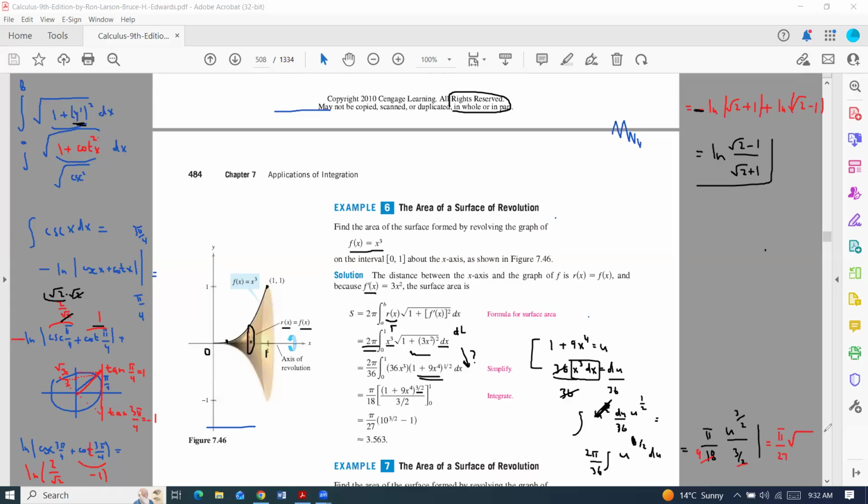So since it's halves, it will be square root. And this stuff inside the square root will be cubed. Right? And instead of u, I put back my original radicand. 1 plus whatever it is, 9x to the 4th.